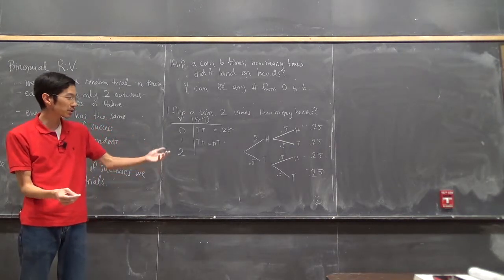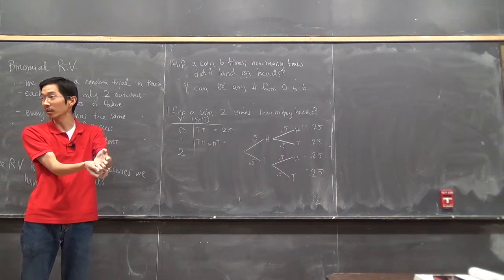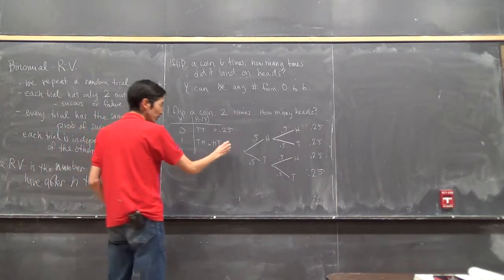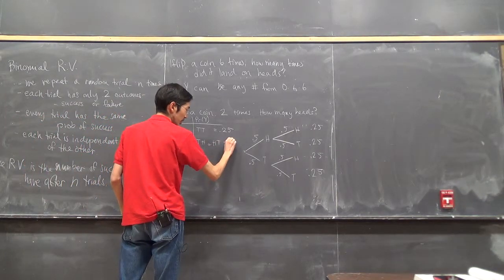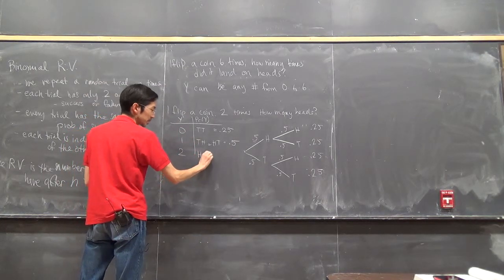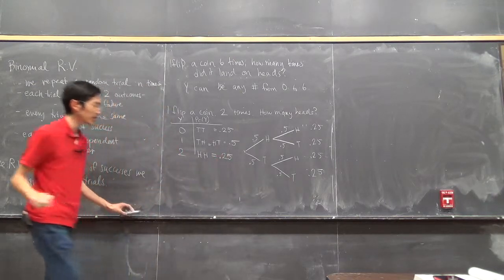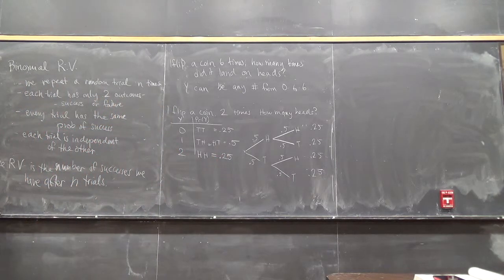So the OR probability is I just add those two together. And so I get 0.25 plus 0.25, and I get 0.5. And then the last one would be heads, heads. And I get 0.25. Is that okay?